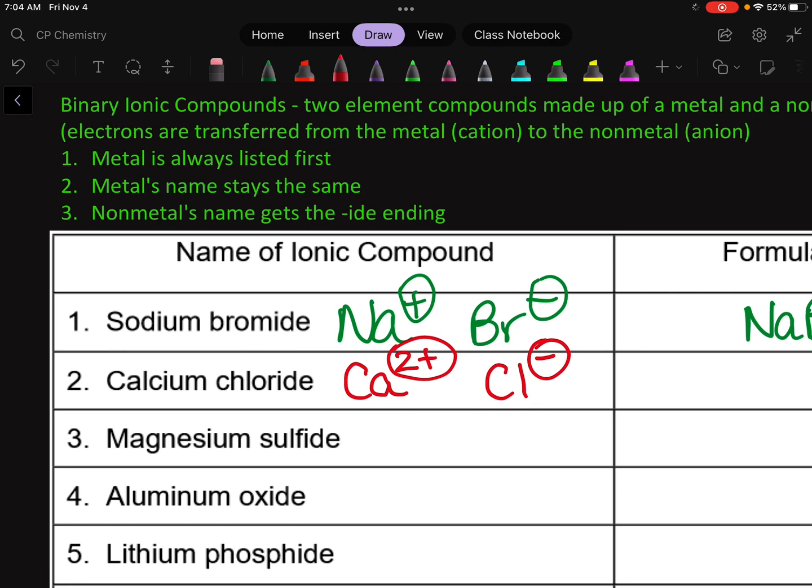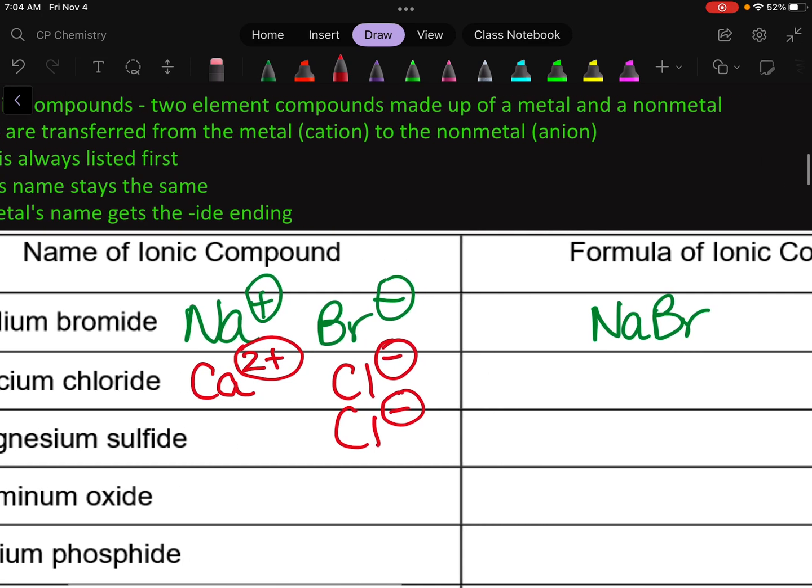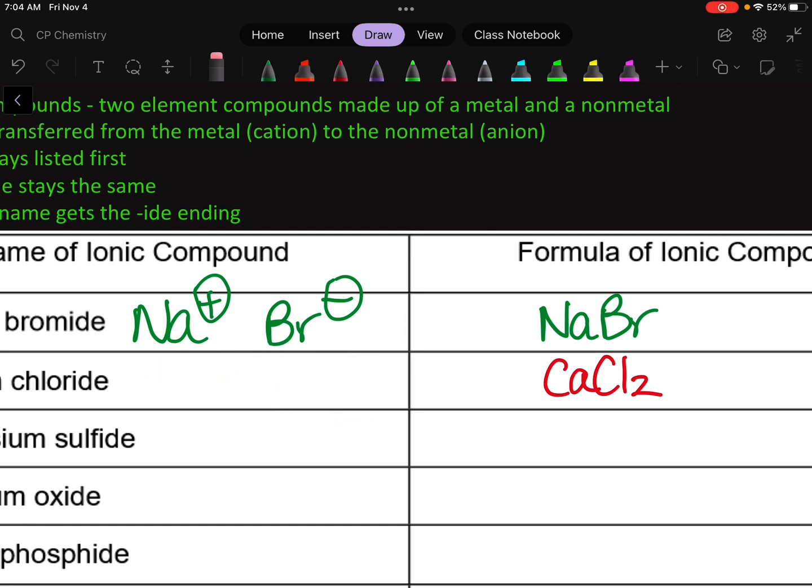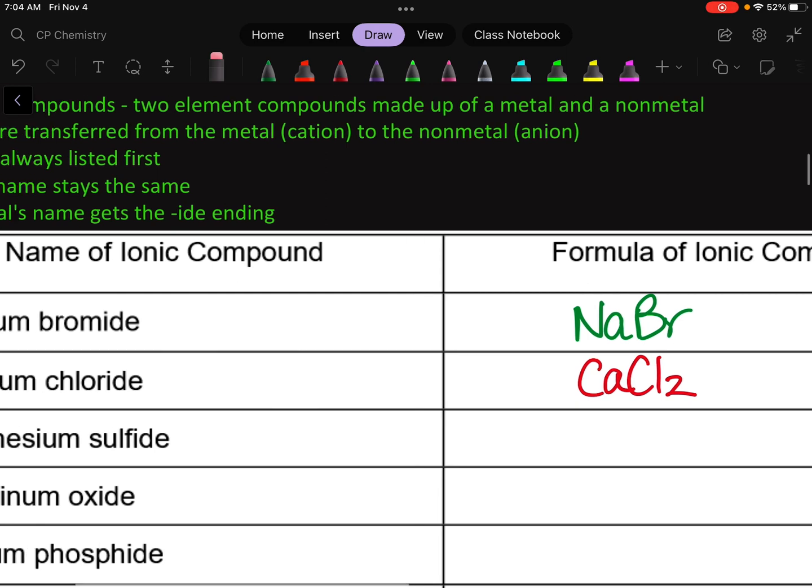So the least common multiple is 2, so you only need 1 calcium, but you're going to need 2 chlorines to make that -2 charge to cancel out the +2, because all ionic compounds are going to have a neutral charge overall. So the formula is CaCl2. You never put the charges in the formula, okay? You just put how many atoms you need.